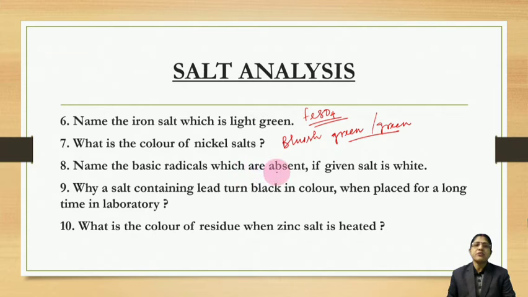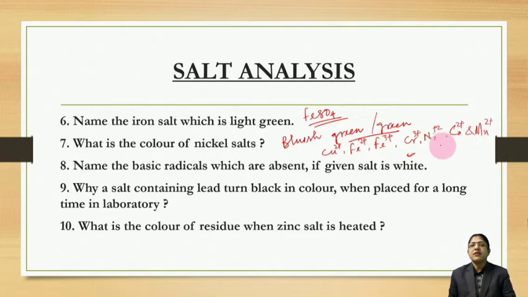Then question number 8. Name the basic radicals which are absent if the given salt is white. If white, all the colored basic radicals are absent. It is very simple, already discussed. So colored radicals are Cu2 plus, ferrous, ferric Fe3 plus, Cr3 plus, nickel Ni2 plus, cobalt Co2 plus and Mn2 plus.